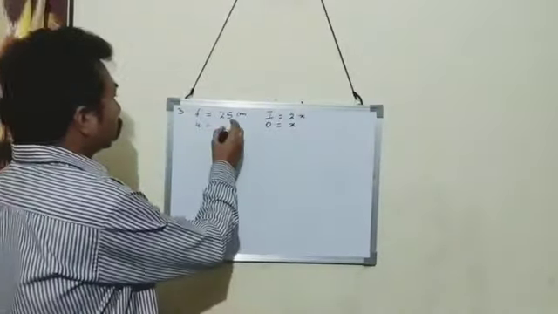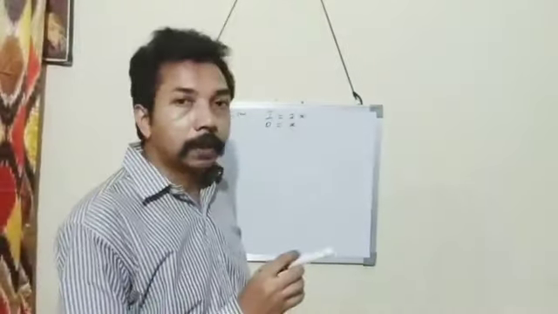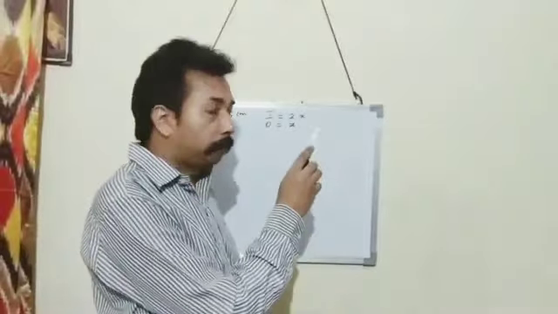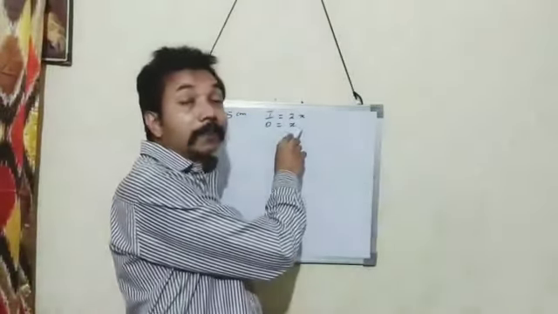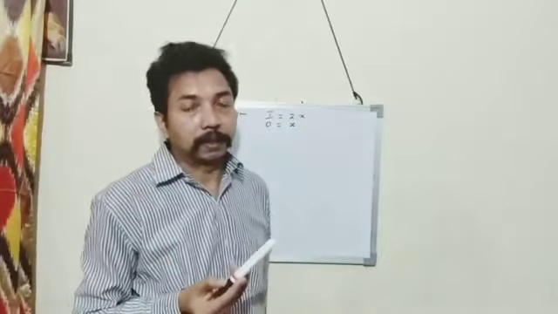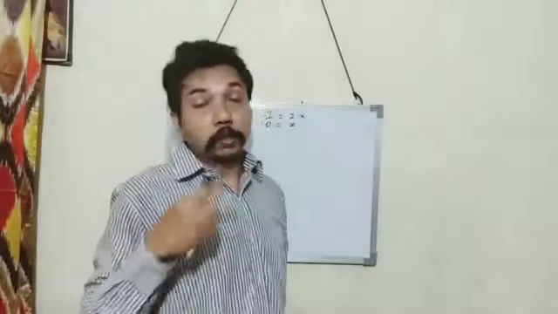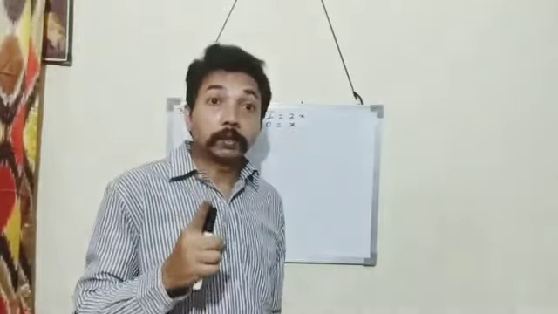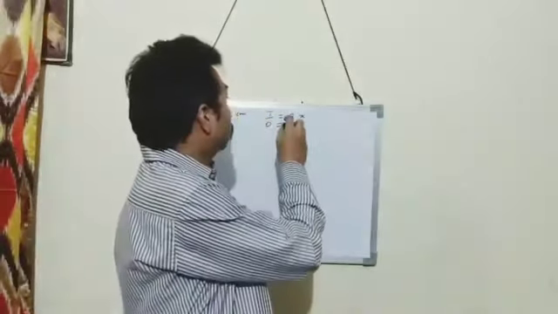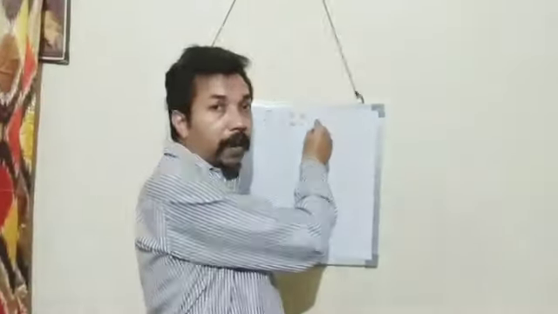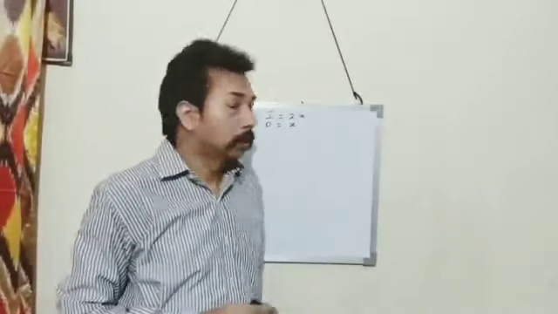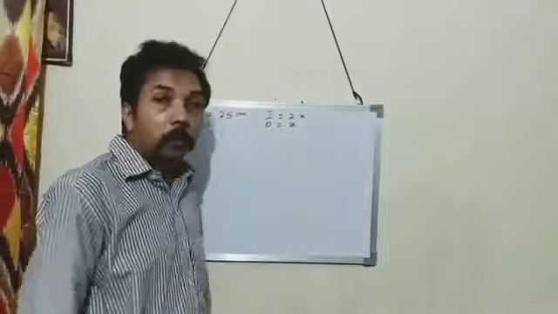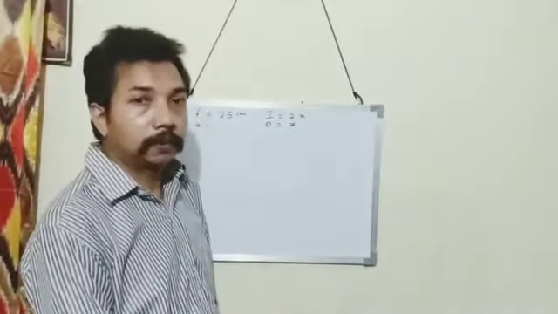The focal length is given as 25 centimeter and the height of the object is taken as x centimeter. Then a virtual image of height twice, so height of the image is 2x centimeter. So we have to find the object distance.